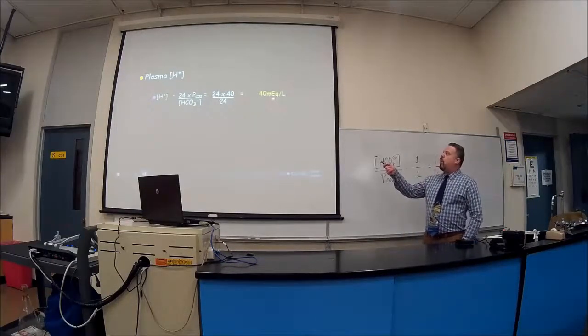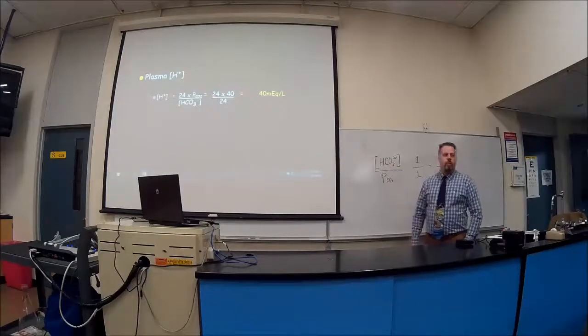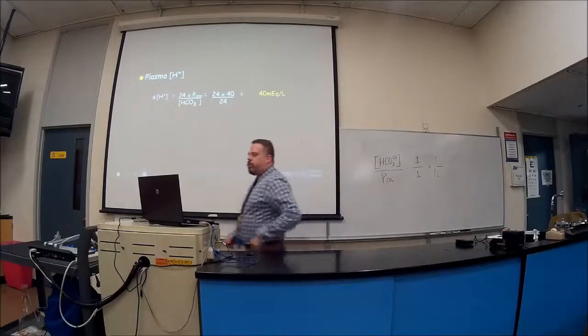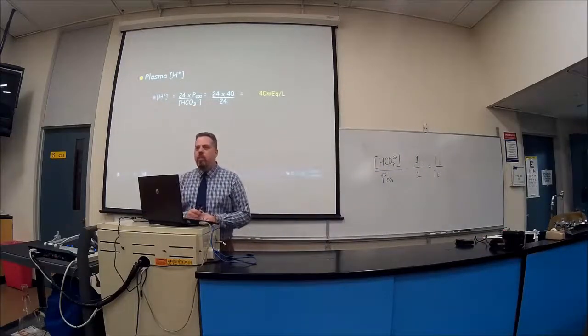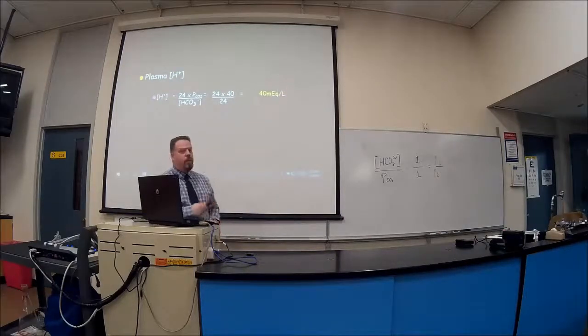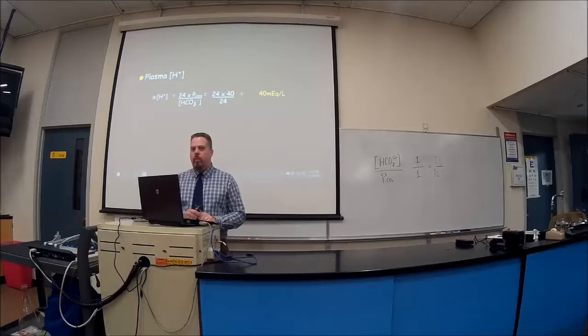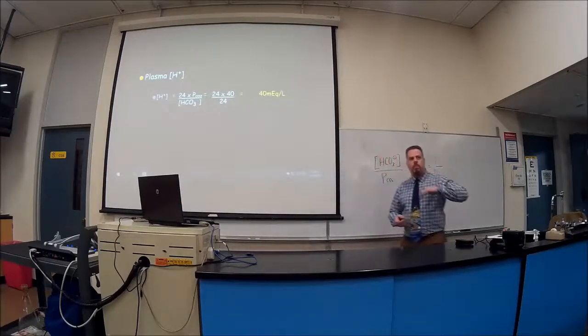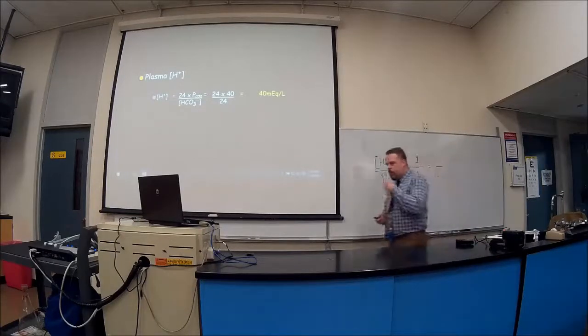If I see a plasma concentration of hydrogen ions as 60 milliequivalents per liter, is that acidosis or is that alkalosis? Is your body more acidic or more alkaline? Is that an increase or a decrease? It's acidic. It's more increased, right? That's how you're going to use this. That's why you should know what the normal is, and then you can play with the numbers if they're too high or too low.